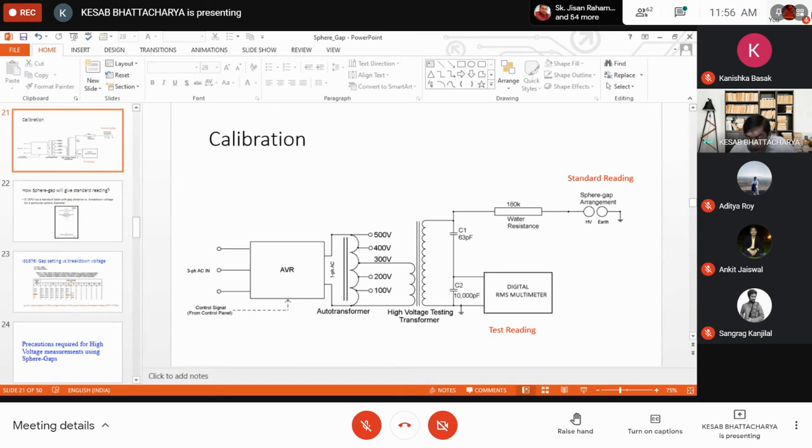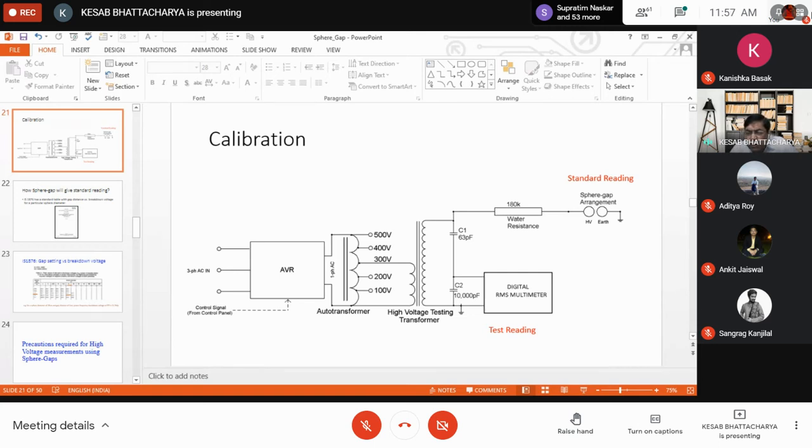Let us explain. In order to explain the first point, 50 kV peak or less: when the magnitude is decreasing from 50 kV to lower values, obviously, if you keep the gap distance fixed, then the resulting electric field within the gap will decrease, and if that decreases, then the chance of development of discharge may decrease, because we know the breakdown strength of air at STP is 30 kV peak per centimeter.